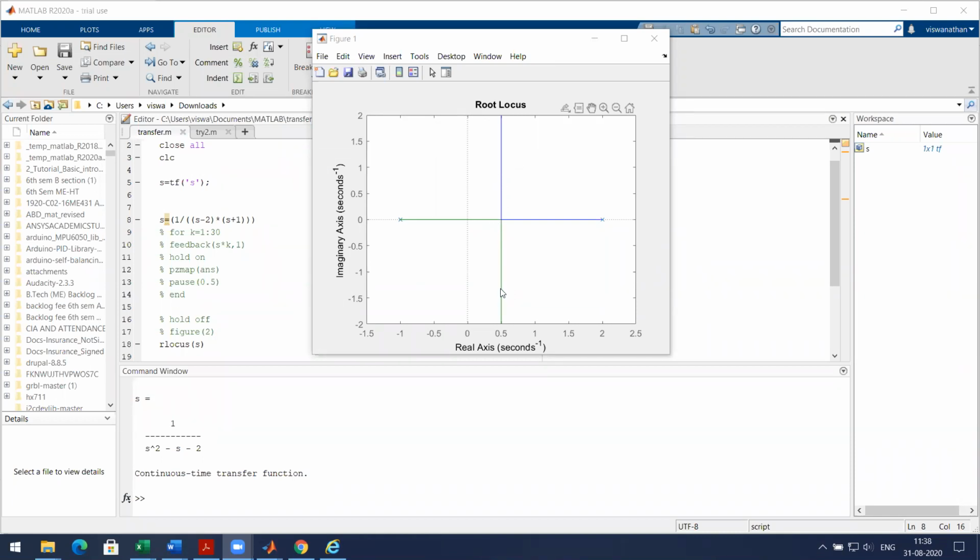So we need to have a PI controller or a PID controller to make it stable.